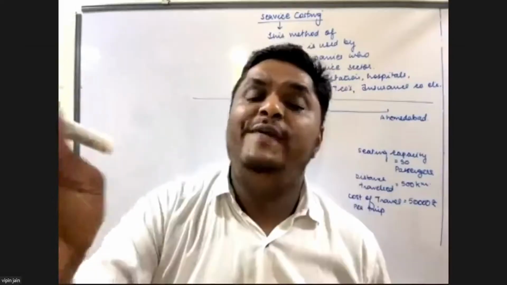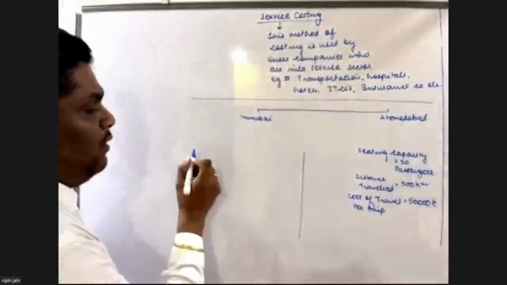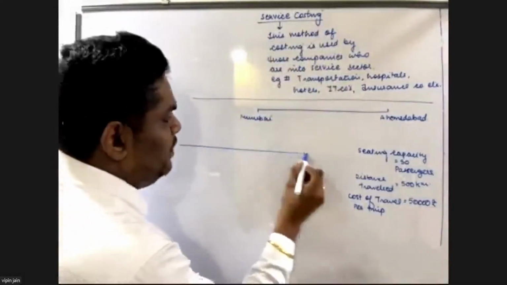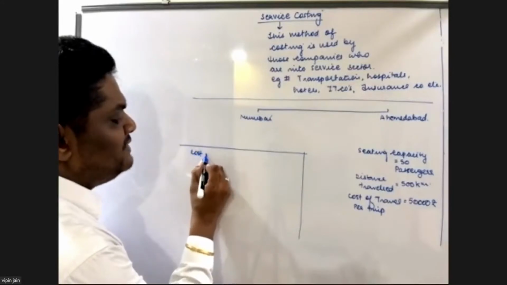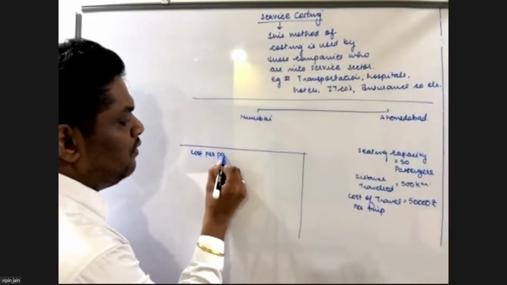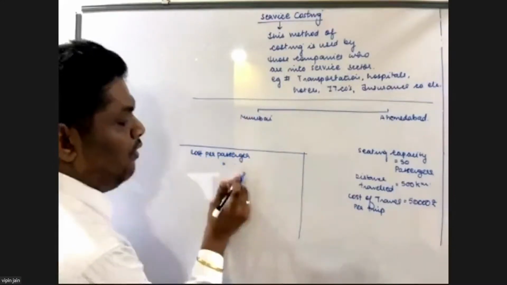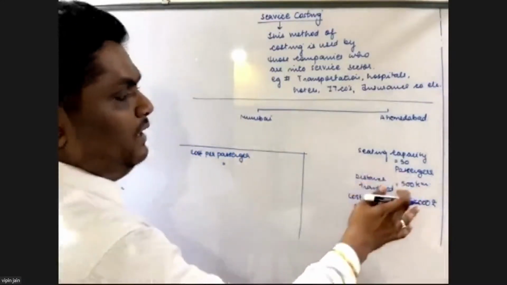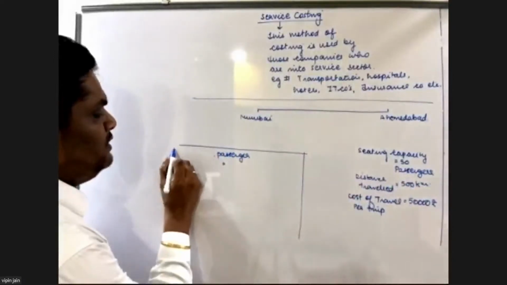So, how much fare will I be quoting to a passenger? How much cost will I be recovering from a particular passenger? Or we can say this 50,000 includes the profit element also. So fare per passenger will be how much?